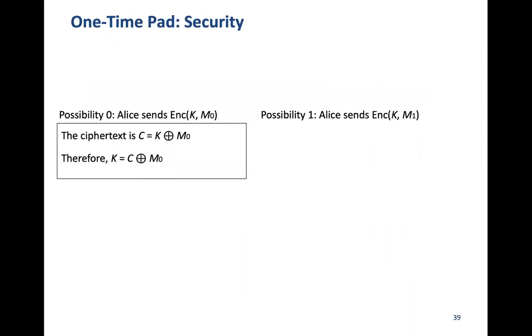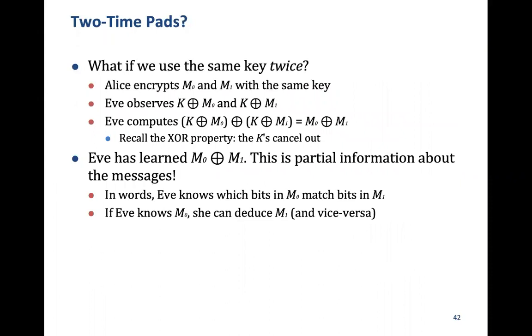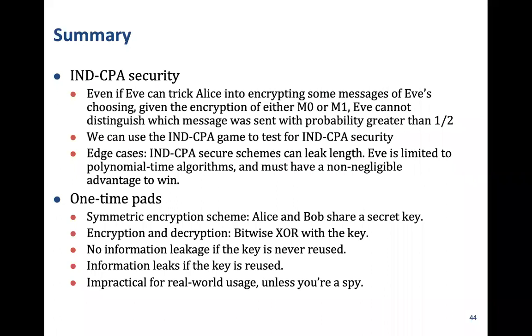We have looked at the IND-CPA security mechanism, and based on that we have discussed how the one-time pad works. We have seen that the one-time pad works only when the key is not repeated. Otherwise, Eve can have additional information which she can use to her advantage in breaking the system.